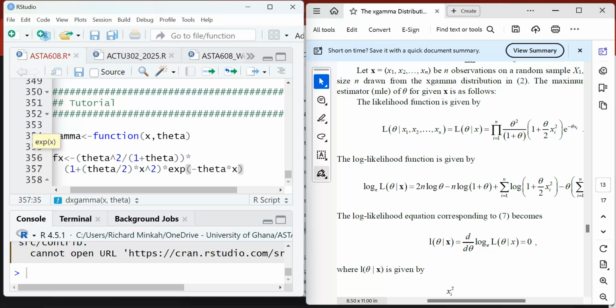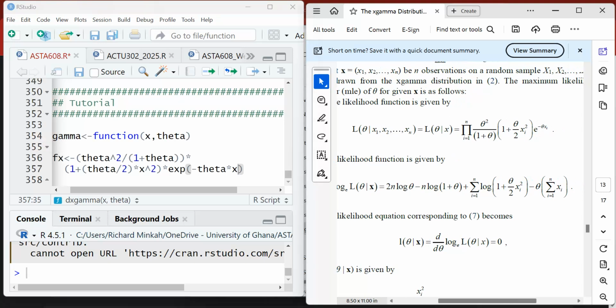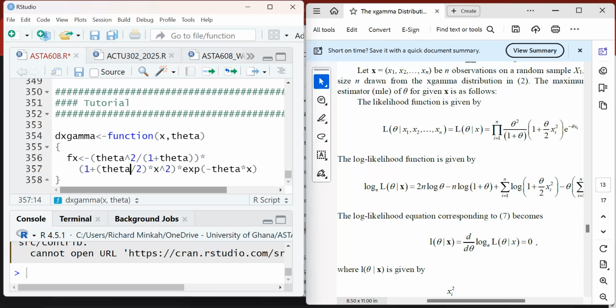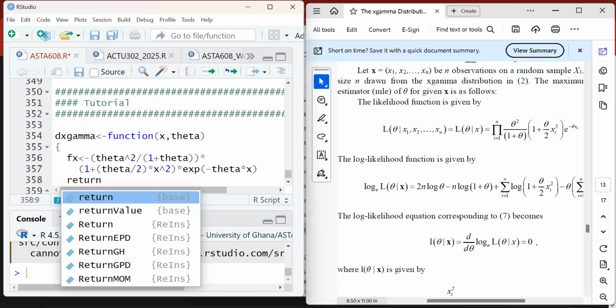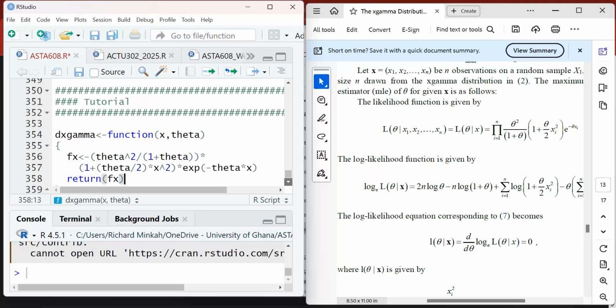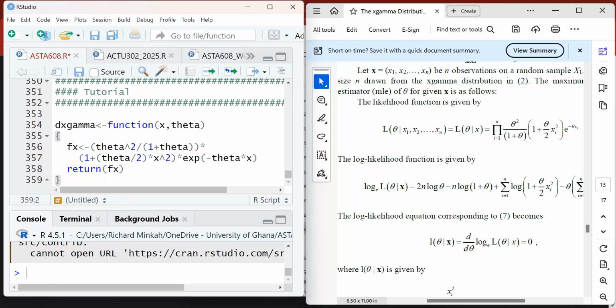So we are done. Negative theta x. As a matter of fact, I can even take out the curly bracket and write everything on one line. So let's return f of x. So this is the density of the gamma distribution, the dS gamma distribution.